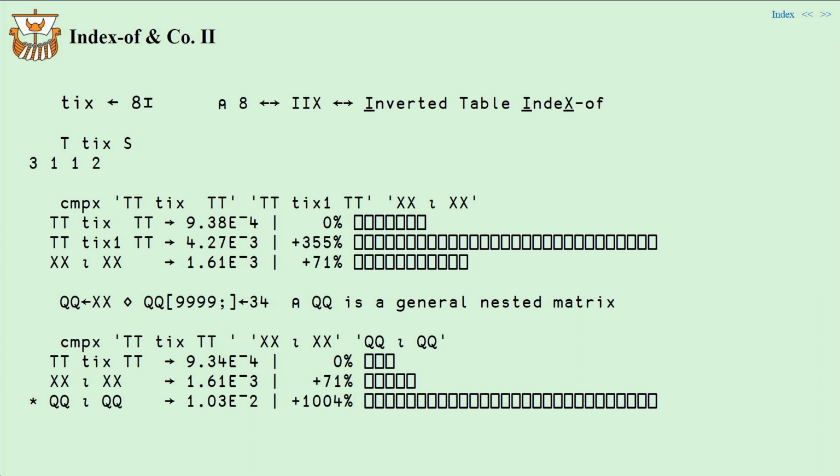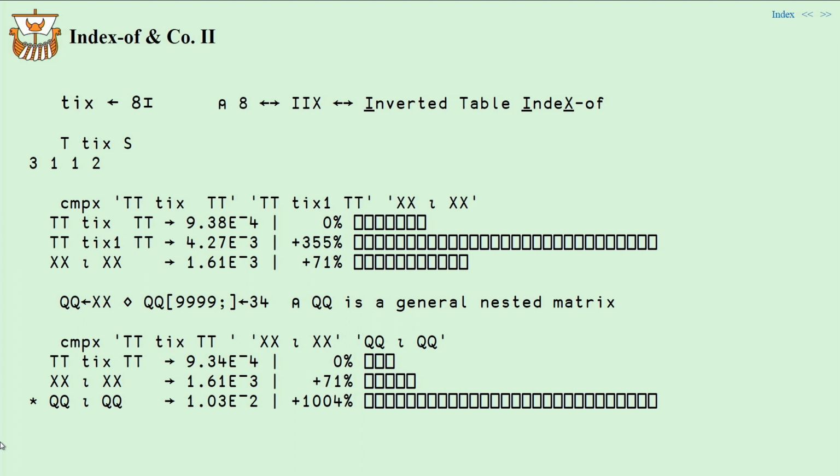So as you can see, the I-beam function, TIX, is faster than the APL function, TIX1, and it's also faster than the primitive index of on an inverted table.